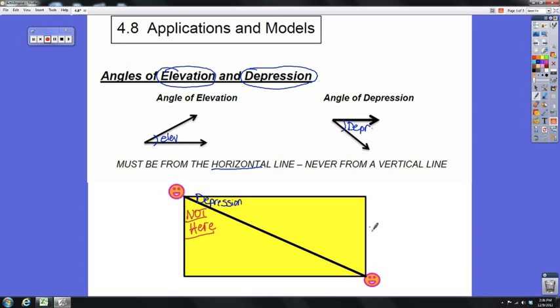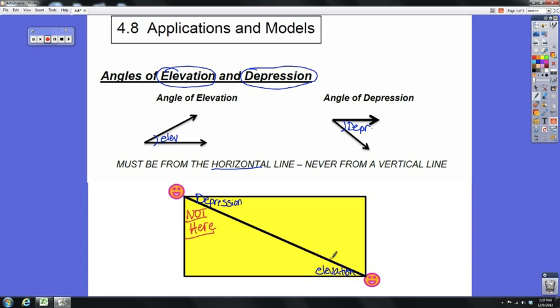And the angle of elevation is the angle from this person looking up at this one. So it's the angle formed from looking straight out and up. So this is your elevation. And whatever the angle of elevation and depression is, let's say it's maybe 30 degrees.